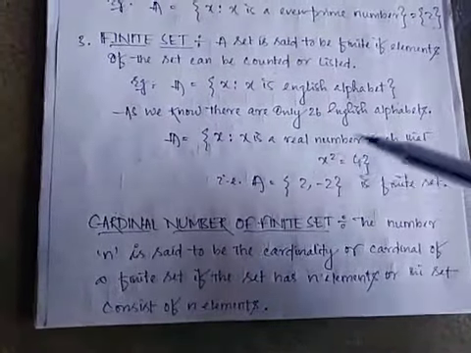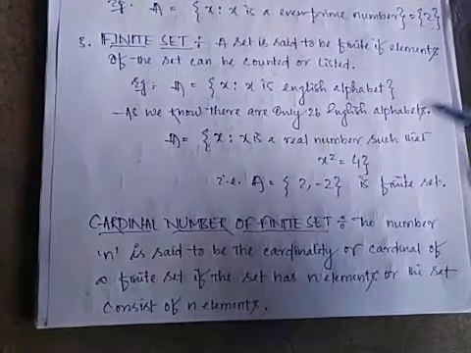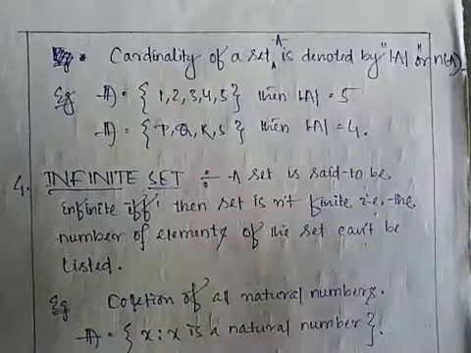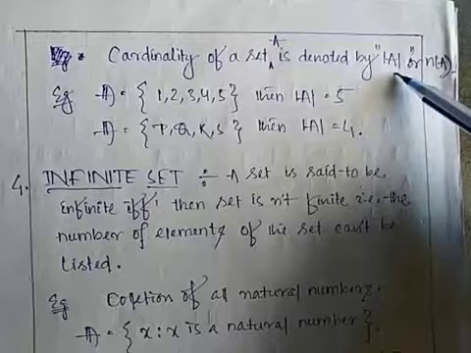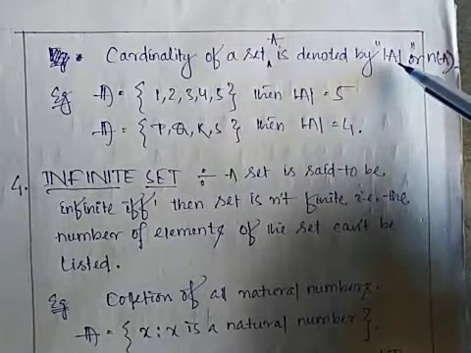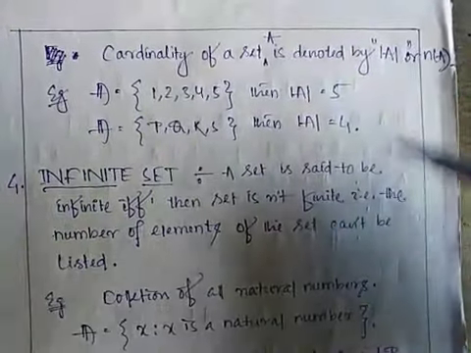Then what is the notation for representing cardinality? Here you can see the cardinality of a set is represented by n(A).